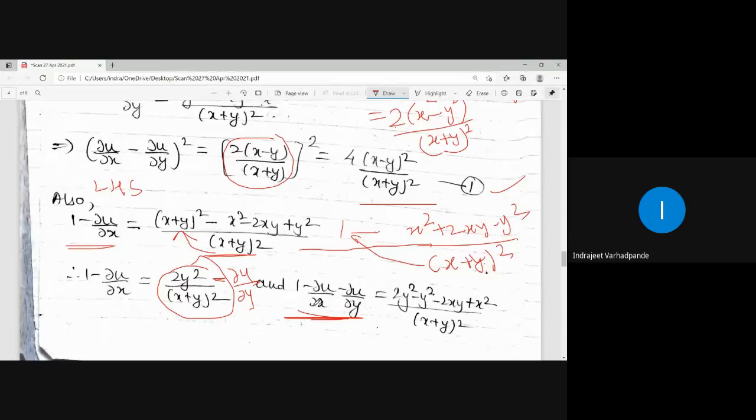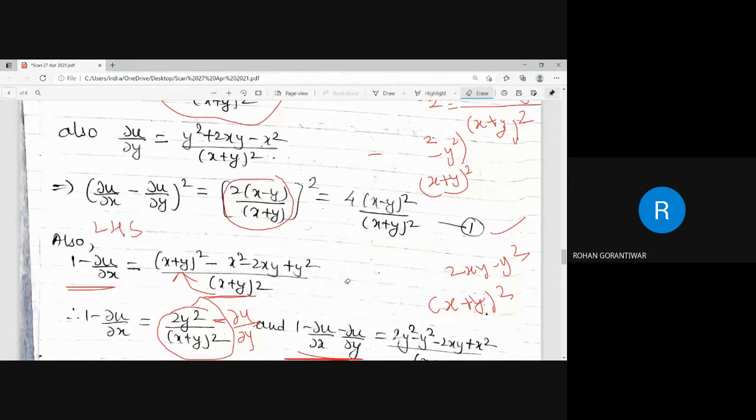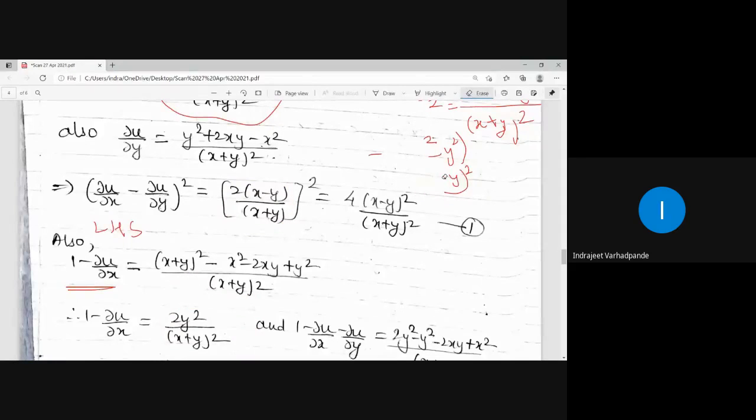Take LCM. I think no need to take LCM because the common denominator is already there, right? x plus y whole square. I hope you people are writing it properly. Just you have to subtract the value for del u by del y. What is del u by del y?